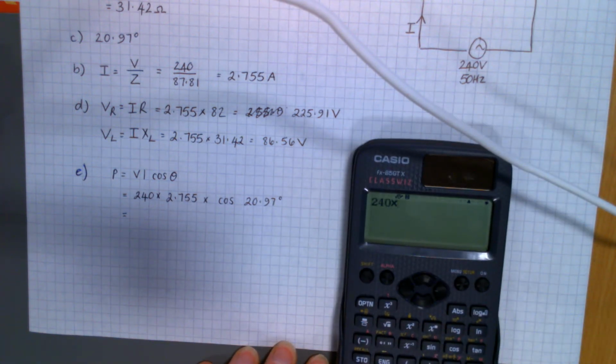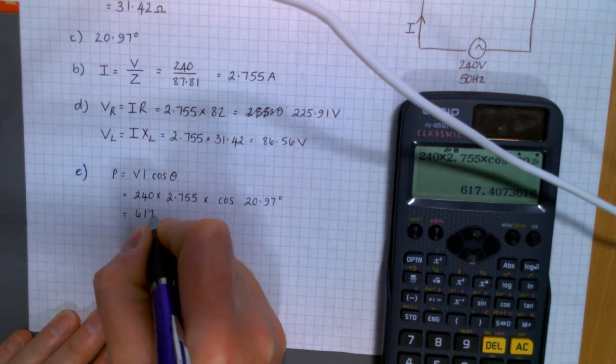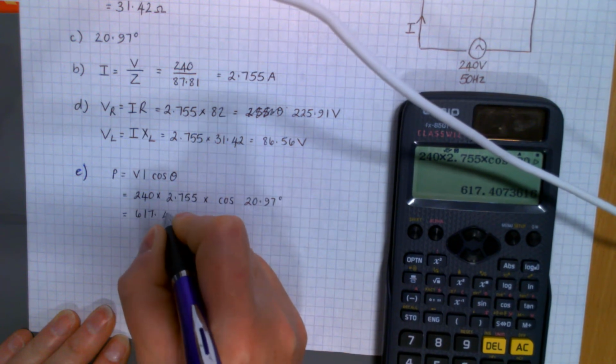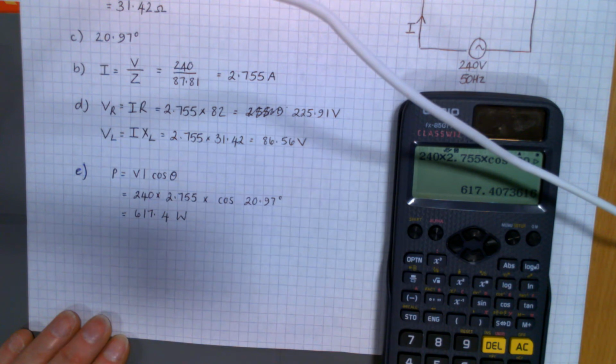So 240 times 2.755 times cos 20.97. So 617.4 watts.